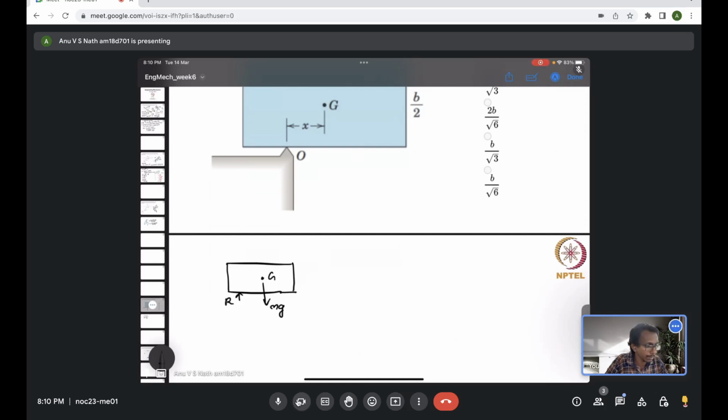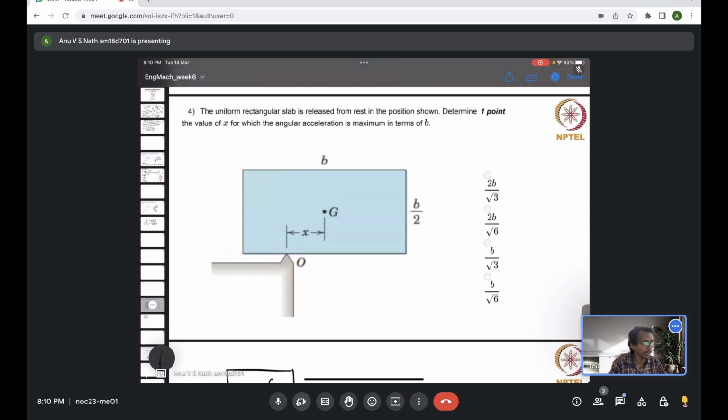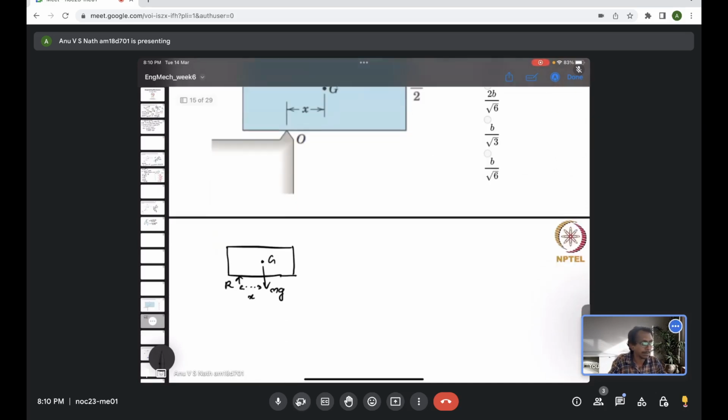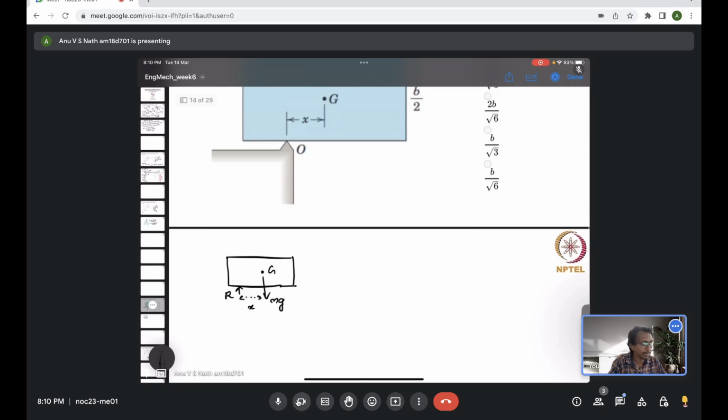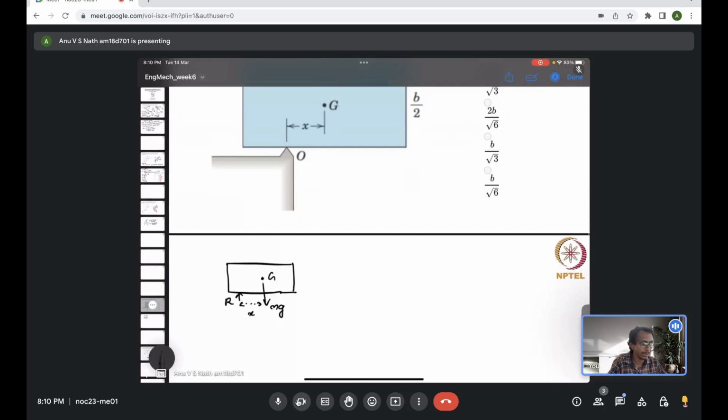and the separation between them is x, which is an unknown. We have to find the value of x for which the angular acceleration is maximum. Now, what will happen when you release this block? It will try to rotate about O, so it will have an angular acceleration.